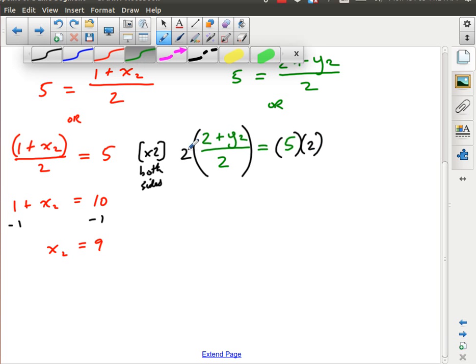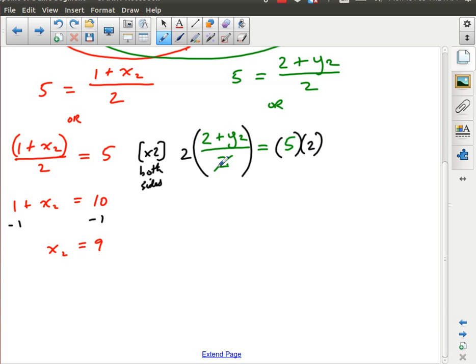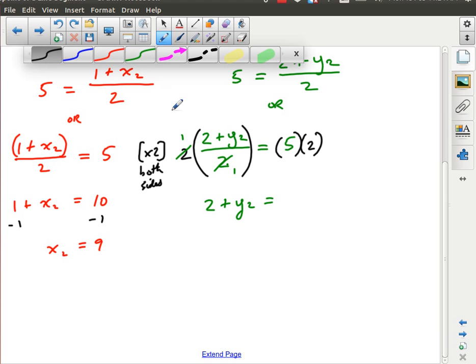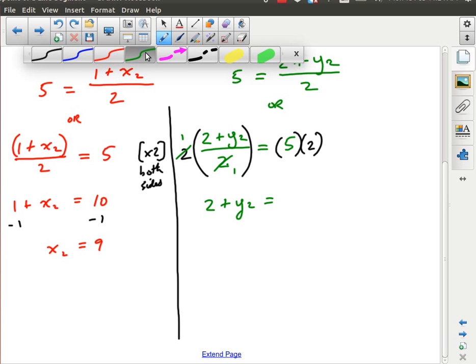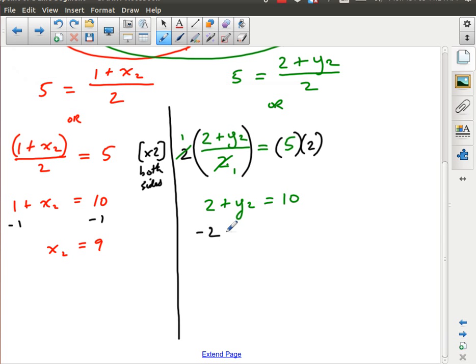We've got 2 in the numerator, 2 in the denominator. That divides out, giving me a 1 and a 1. And of course, 1 over 1 is just 1. So this becomes 2 plus y2 equals, I think I need to write a separation line here. 2 plus y2 equals 10. I'm going to subtract 2 from both sides.